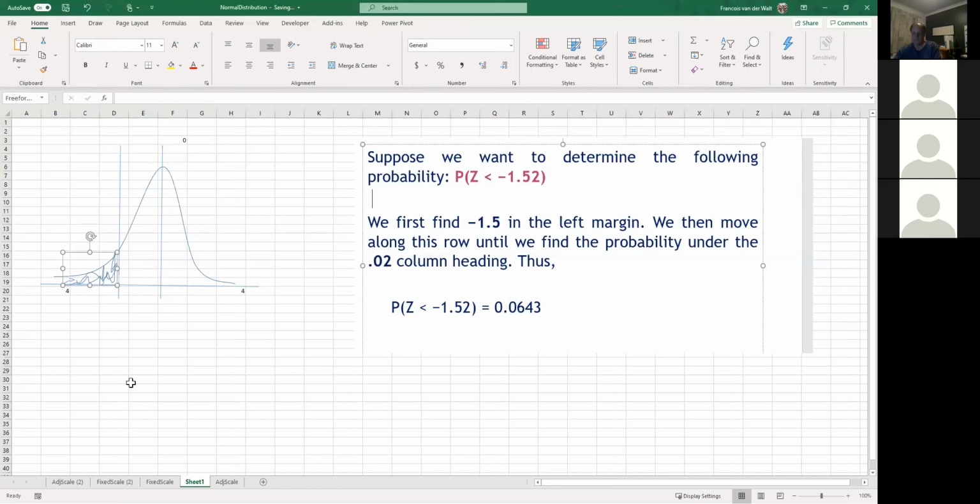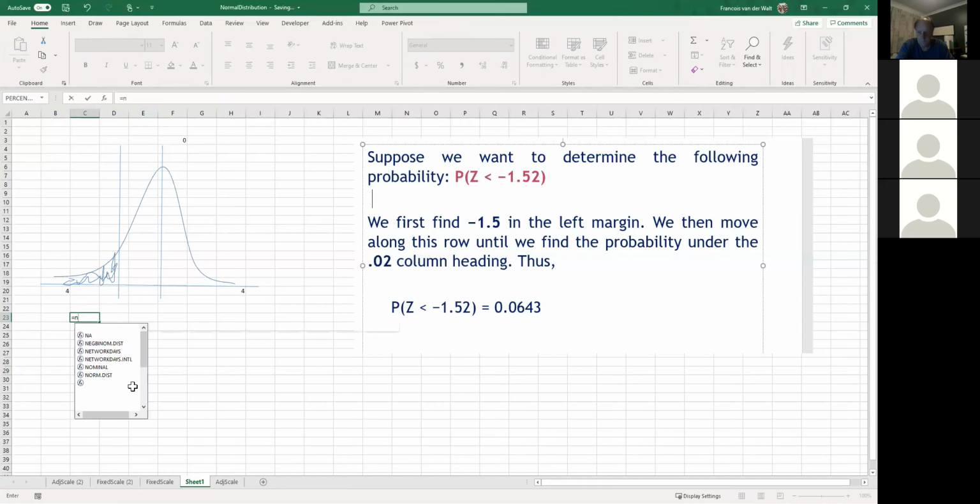Okay, now I'm just going to use the Excel function which says norm distribution. Can you see it there? All I have to supply is x, which is minus 1.52. What is the mean? 0.